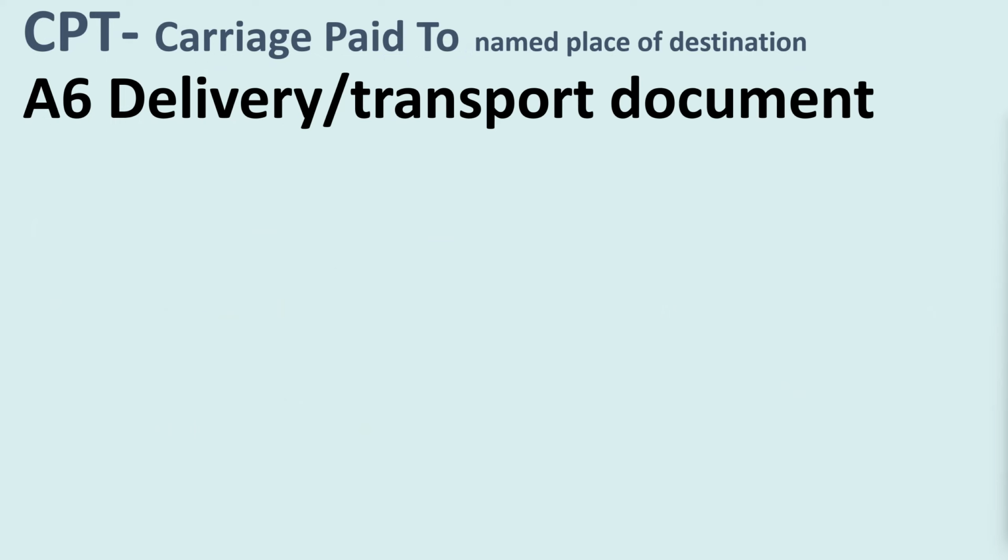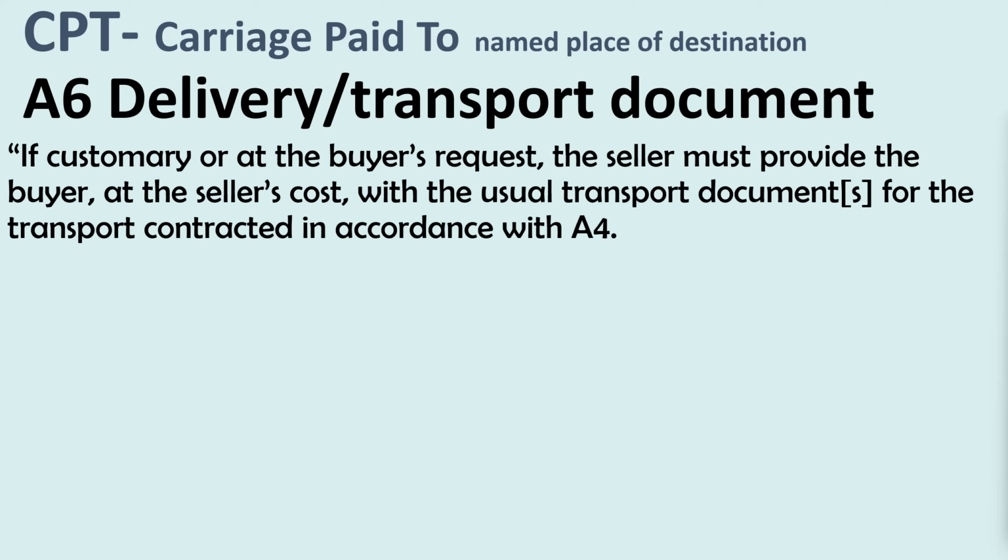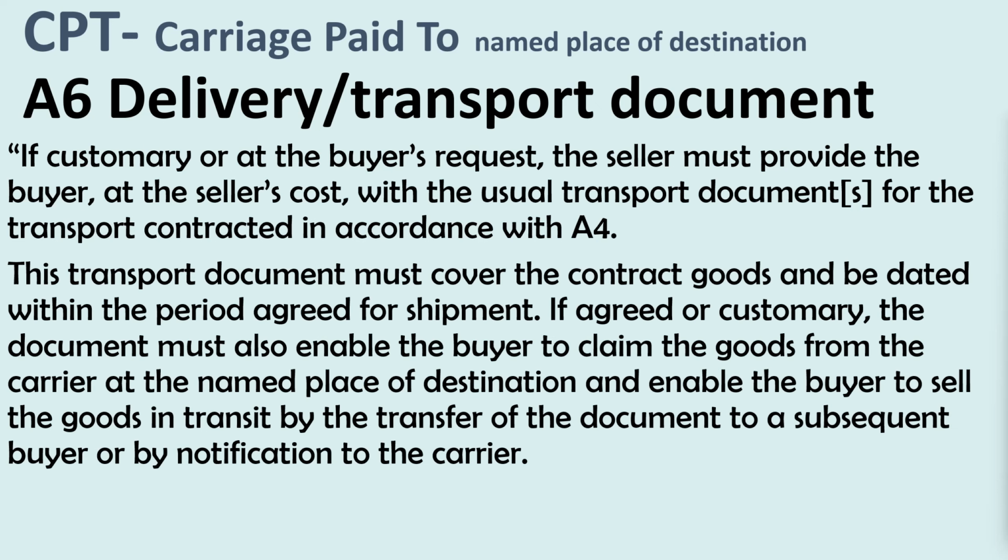A6, delivery and the transport document. If customary, or at the buyer's request, the seller must provide the buyer, at the seller's cost, with the usual transport documents for the transport contracted in accordance with A4. This transport document must cover the contract goods and be dated within the period agreed for shipment.